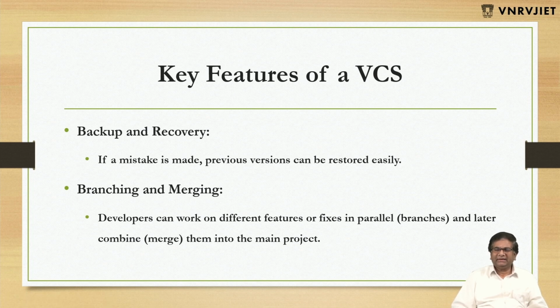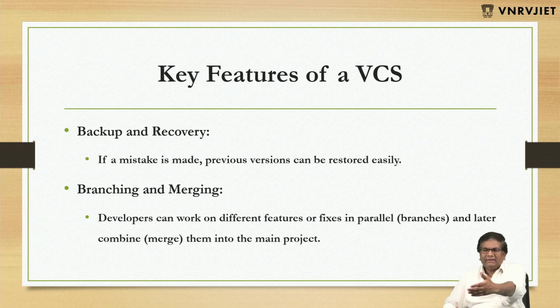Now, this is something that's very difficult with the manual way of doing things: branching and merging. What is branching? You are working on a file or multiple files, and suddenly you want to keep that file as it is, but you want to take a copy of that file and work on it, and somebody else is also going to work on the same file with different kinds of changes.